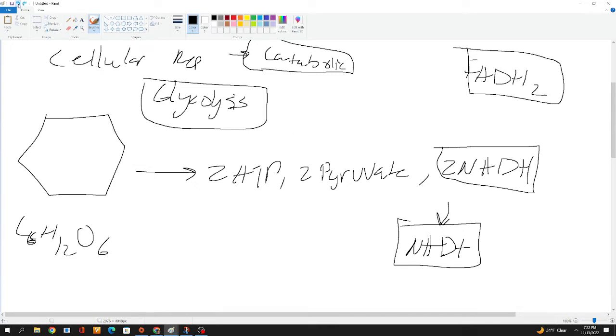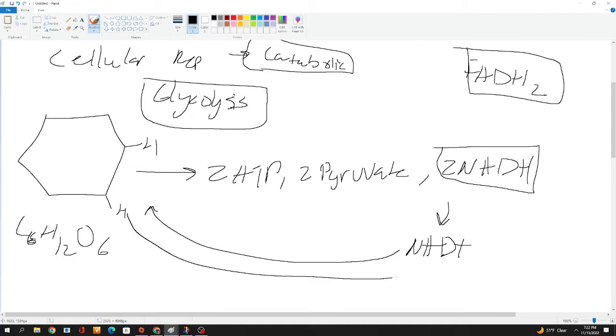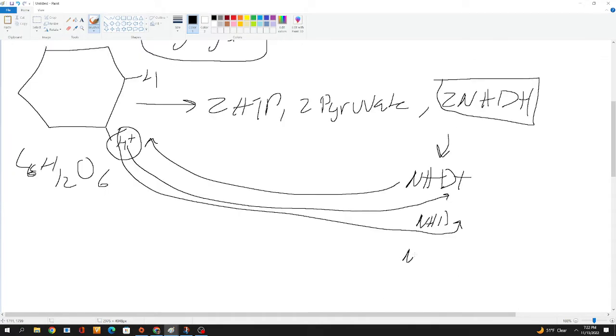So what happens is that this NAD plus goes towards this glucose, and this glucose has a lot of hydrogen attached to its ends, and it's going to basically rip off one of the electrons within the hydrogen. Now what you then get is a hydrogen that becomes positively charged, and then the NAD that is made is going to rip off that H plus ion, aka proton, and create NADH plus.